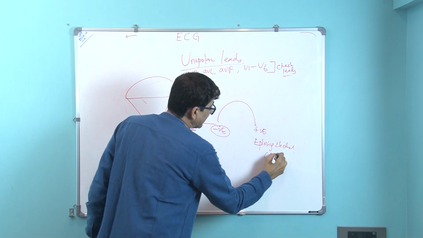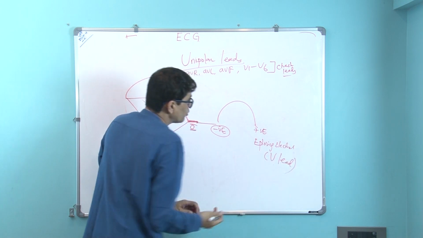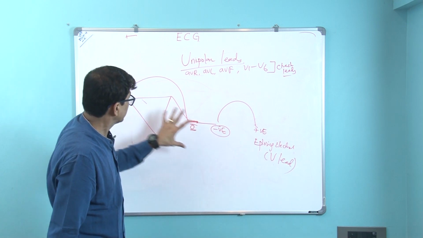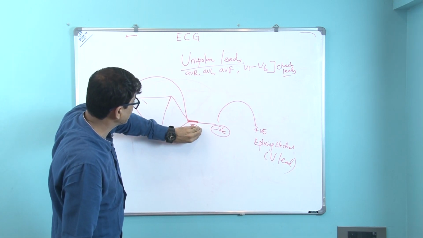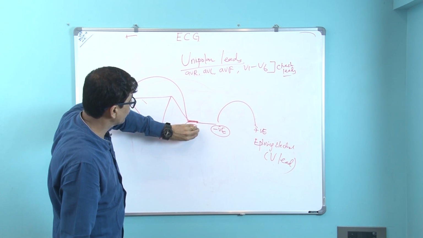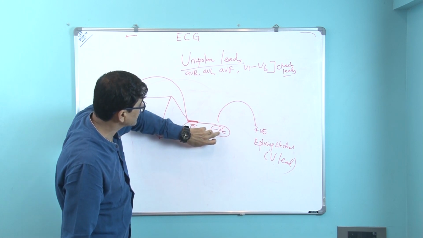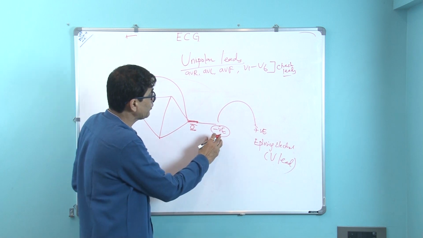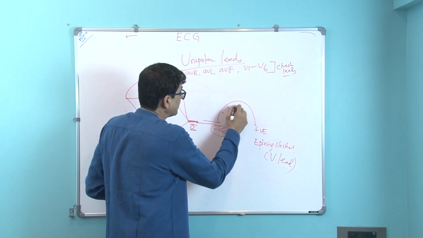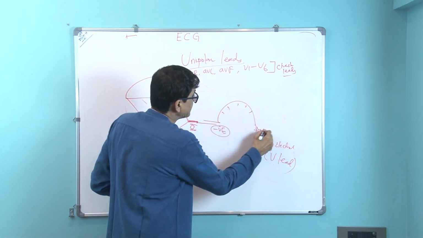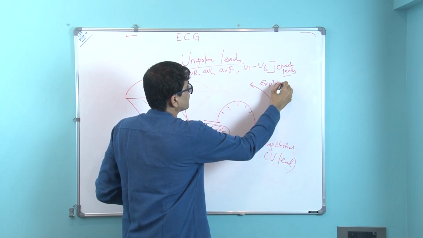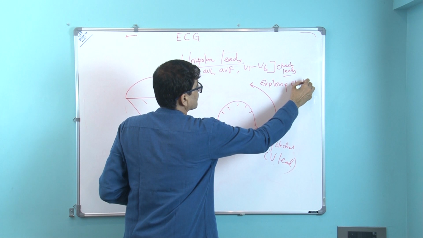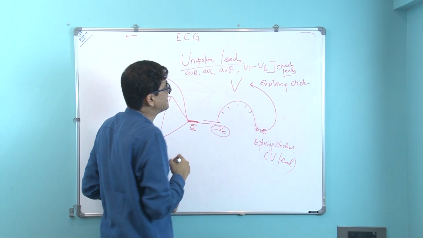So that is your V lead. How is the V lead formed? These three are connected to a common terminal, so it becomes 0 potential difference, which is connected to the negative terminal of the galvanometer, and this becomes the exploring electrode. Now it becomes a V lead.